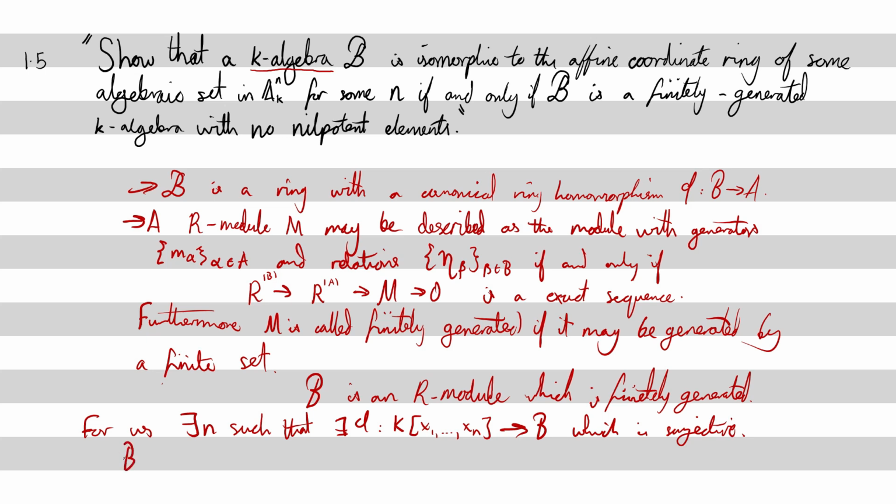Now, by the first isomorphism theorem for ring homomorphisms, B is then isomorphic to k[x1, ..., xn] over I, where I equals the kernel of phi. Just keep that in the back of your mind, and I can change to a different set of notes.